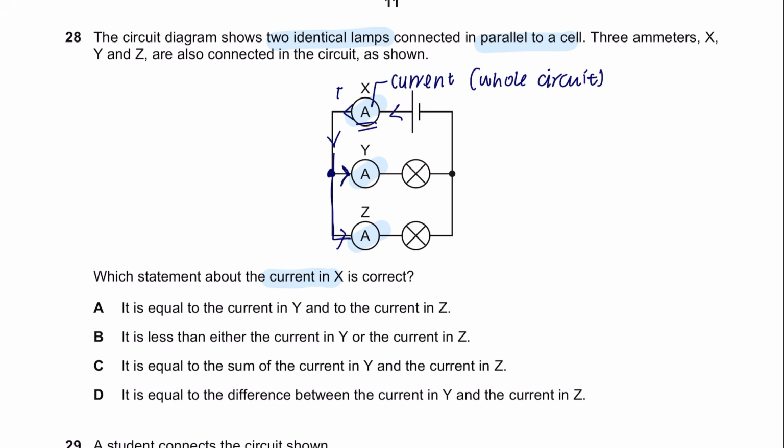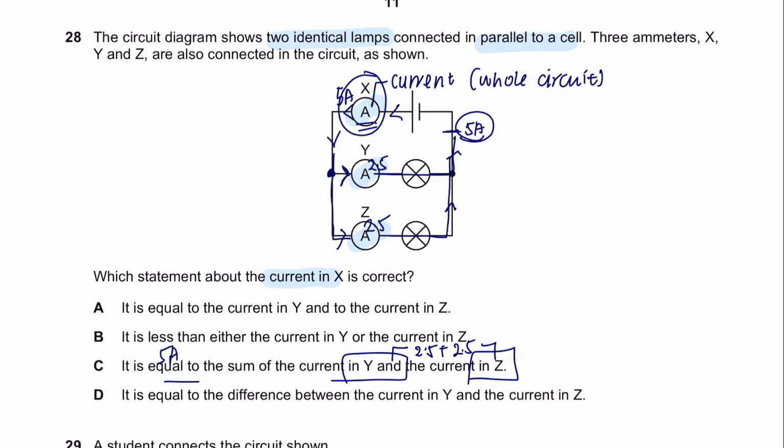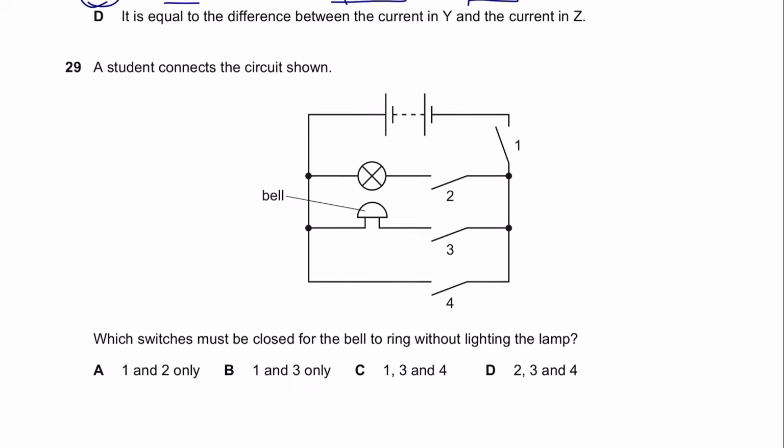Assuming that you have 5 amperes here, it will now become 2.5 and 2.5. Then it will flow like this, and over here it will return back to 5 amperes. So the current at X, which is 5 amperes, is equal to the sum of the current at Y and Z. Answer is C.